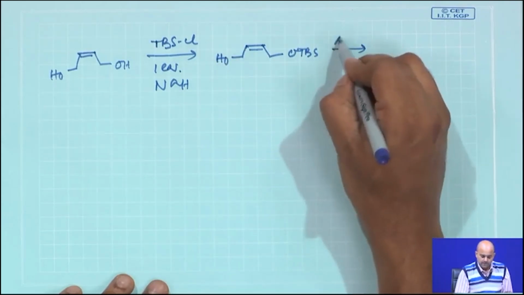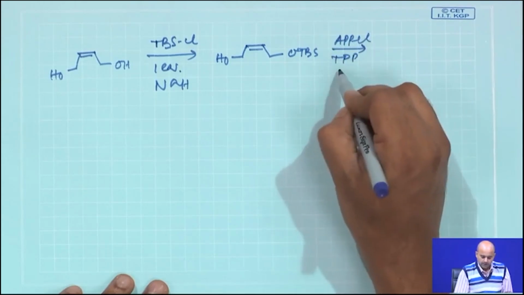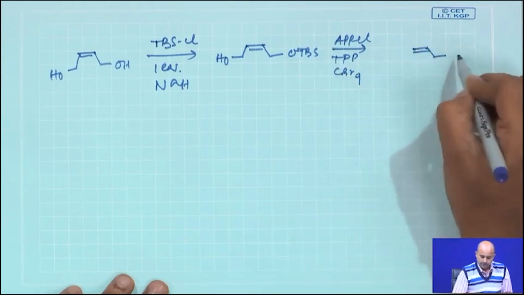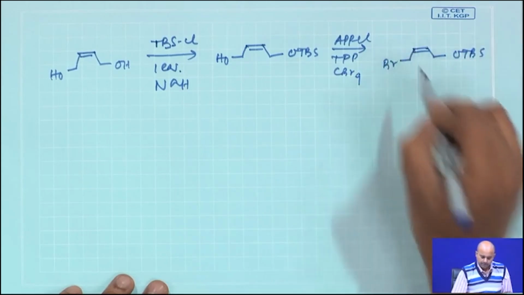Now, we do an Appel reaction, with TPP and CBr4, you basically get the OTBS CH2Br.